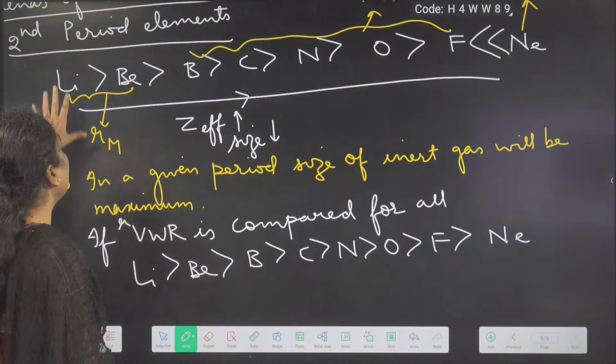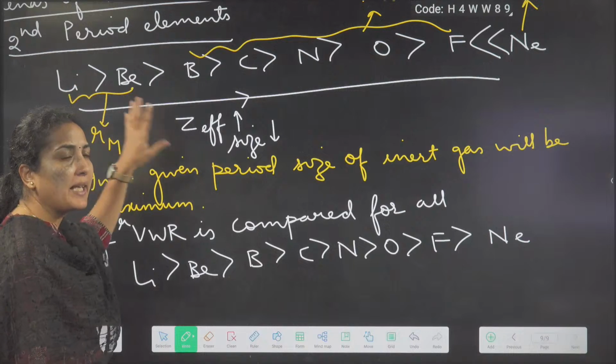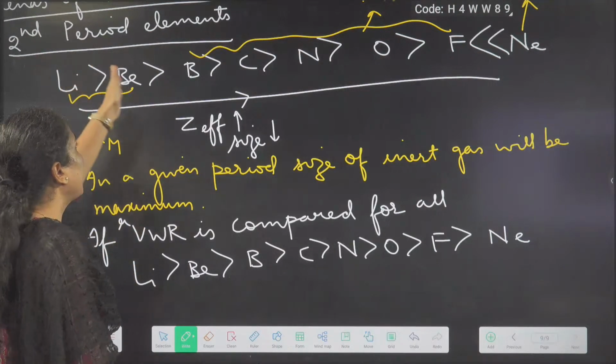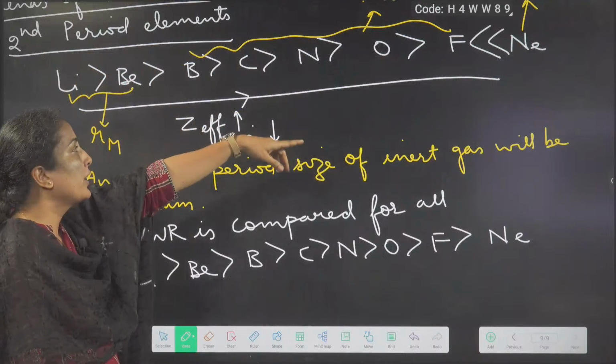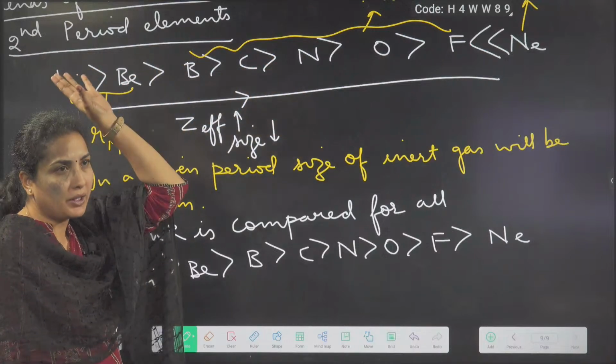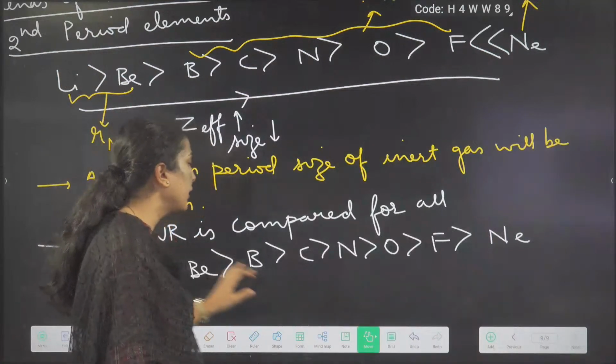And whatever we have written for the second period elements, a similar order is there for your third period elements. That means sodium, magnesium, aluminium, like that, going up to argon. So argon will be the maximum size in the third period. So I'm simply writing one statement here.